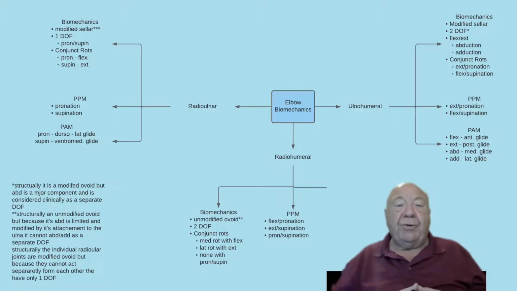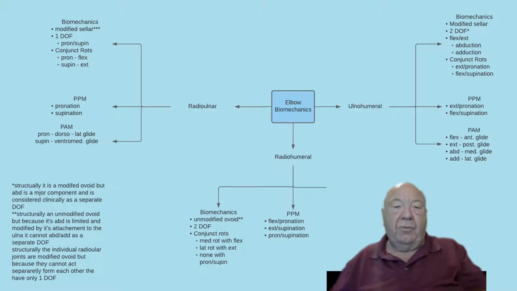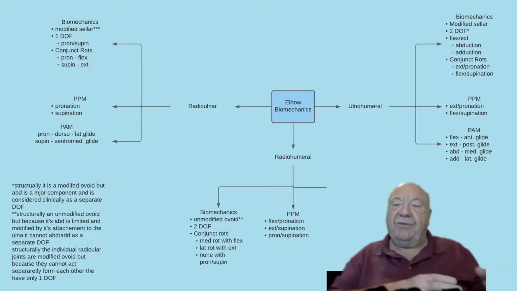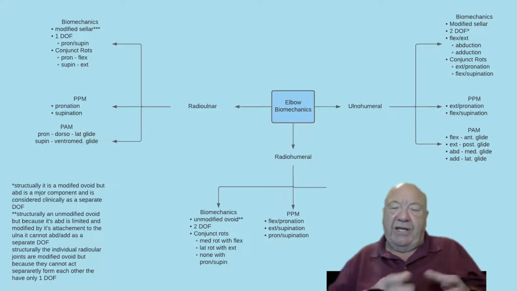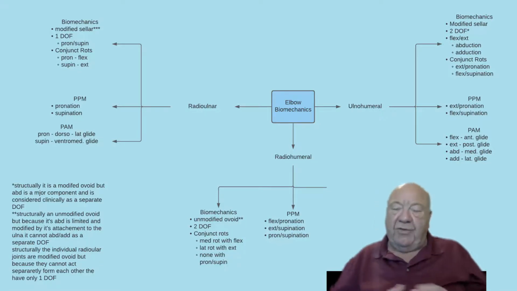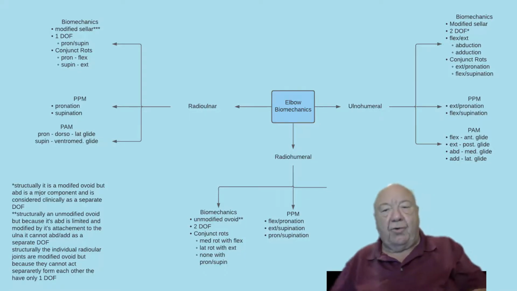For the radioulnar joint, we're just going to consider the superior one now. The biomechanics of this is the surface shape is actually a modified ovoid. So it should have 2 degrees of freedom, but because of its attachment to the ulna, it loses one of the degrees of freedom, and basically the degree of freedom that's allowed is pronation and supination.